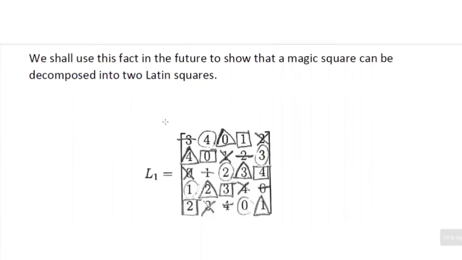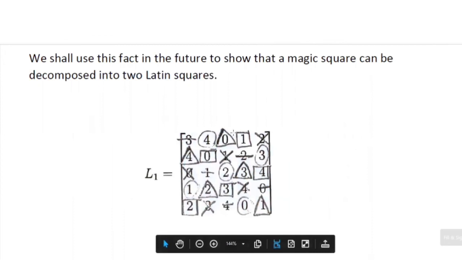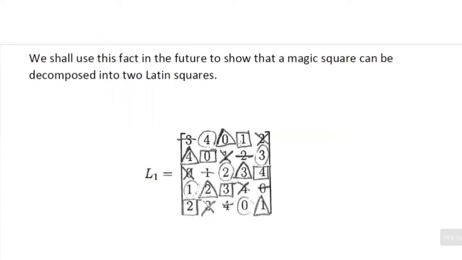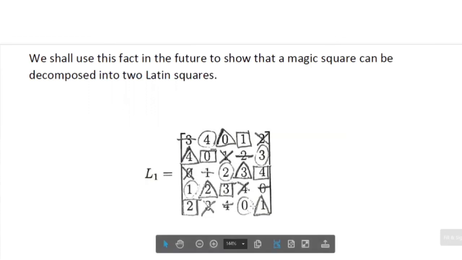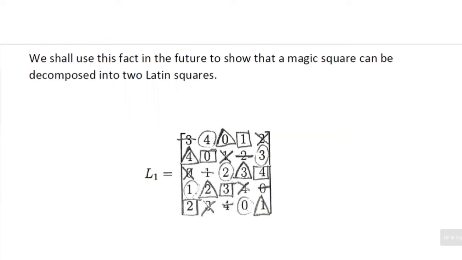So this is the example of traversals. As you can see, find all the elements marked with a triangle over here. So 0, 4, 3, 2, 1 are marked with a triangle. You can see that all the cells marked with a triangle have distinct elements in them.